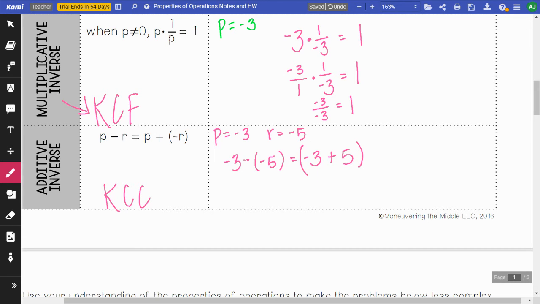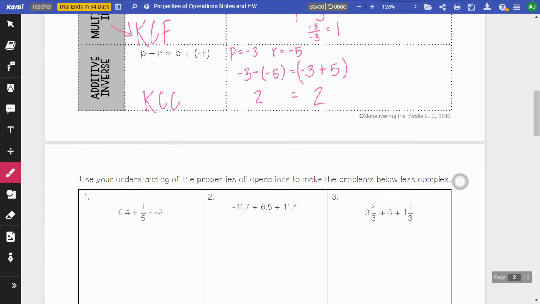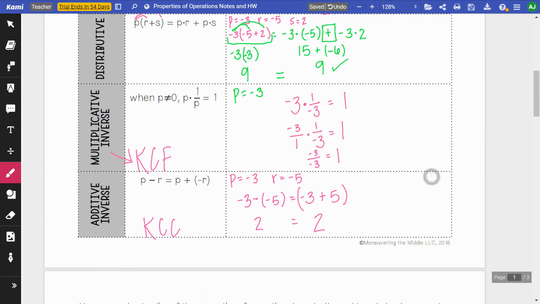We have here positive 2, and that is equal to positive 2 as well. All right, so that is your definitions and examples, and we are going to work a couple of examples on the next page. If you cannot find a division sign, feel free, especially for these fraction problems, to use the slash. That's the same thing.